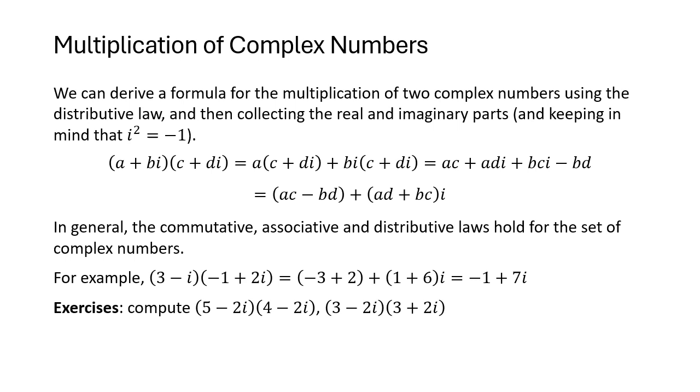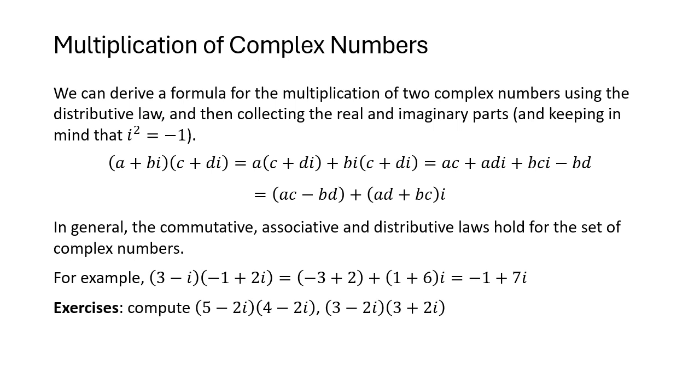Okay, multiplication is a little bit more complicated. We see here we have an example, or actually a formula, a plus bi times c plus di. And we're using the associative and distributive laws here. They're the same as what you would have for real numbers. They carry through.